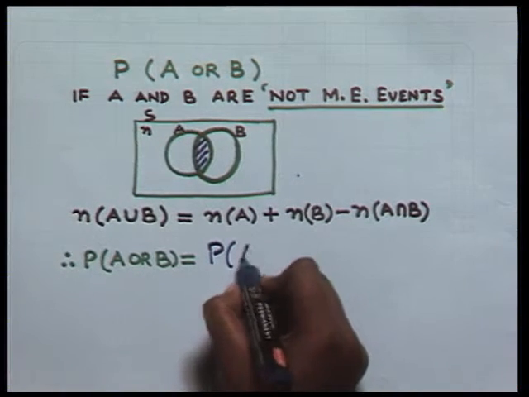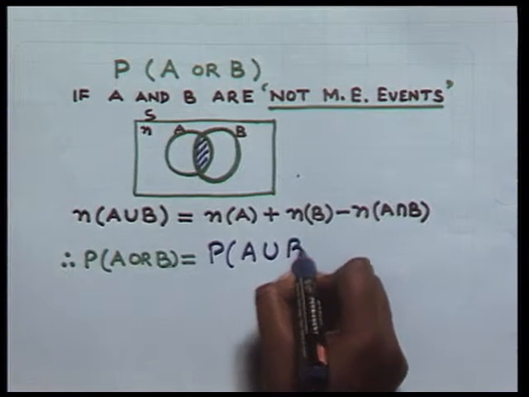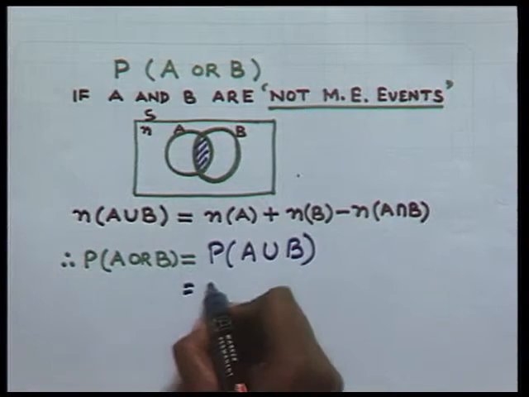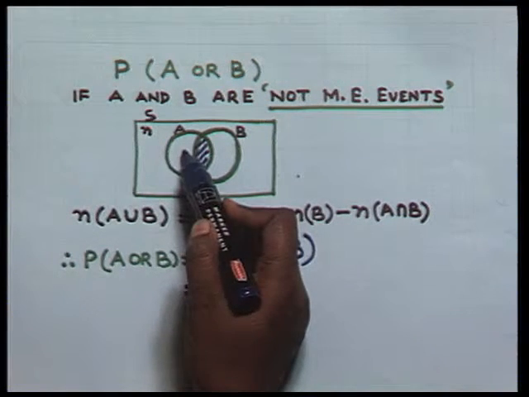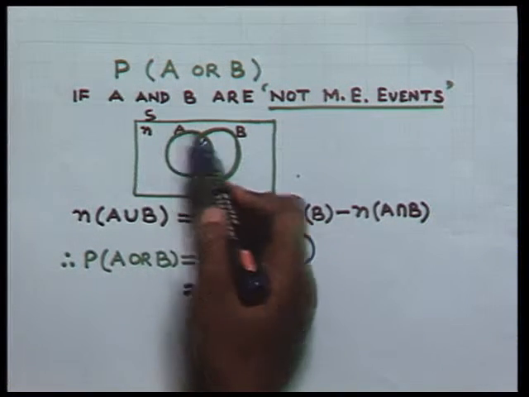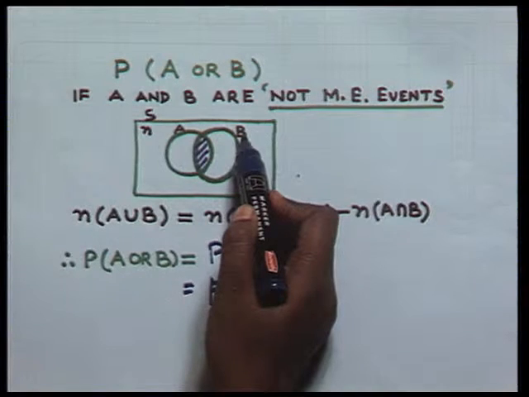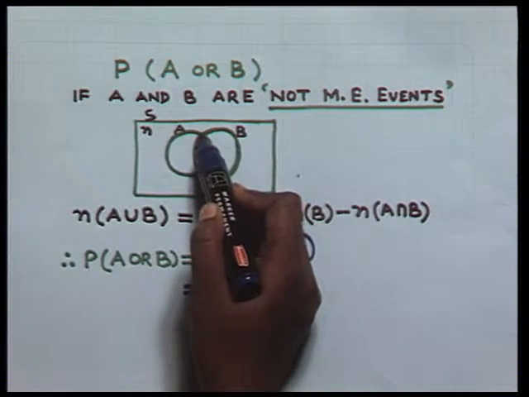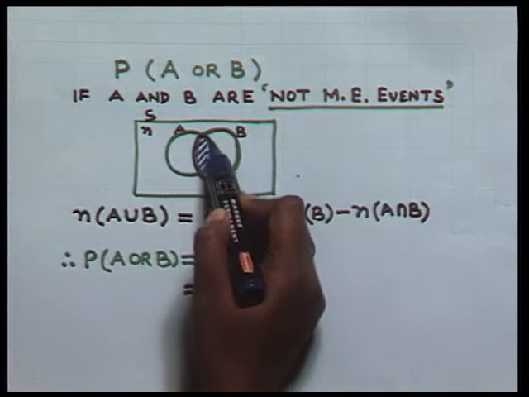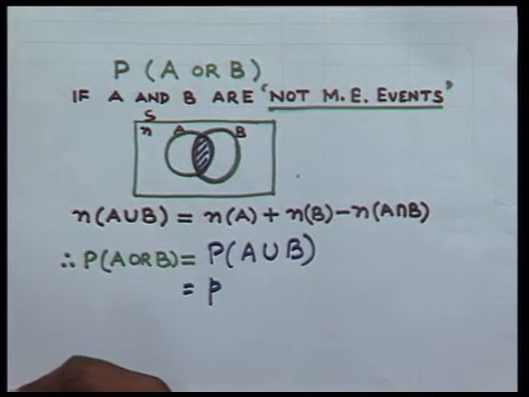probability of A union B, which is equal to, let us suppose that P is the number of elements in the set A, Q is the number of elements in the set B, and R is the number of elements in the set A intersection B, defined by this shaded portion.